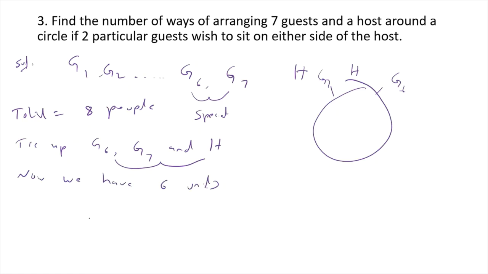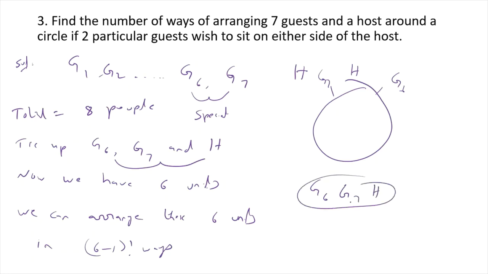We can arrange these 6 units in 6 minus 1 factorial ways. Now in this one unit which contains G6, G7 and H, I can arrange these 3 people among themselves only in 2 factorial ways. I can arrange them like this: G6, H and G7, or else G7, H and G6. So we have only these 2 arrangements.